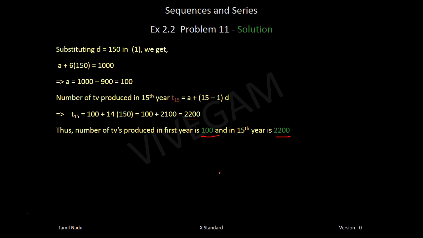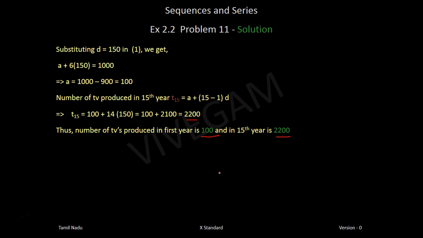So what they have done is that they have not told us directly that it is an AP series. They have given a condition that the production is increasing by a fixed number. Through that, we have to understand that it is an AP series. Then instead of giving A and D directly, they have given it indirectly by giving the 7th term and the 10th term.